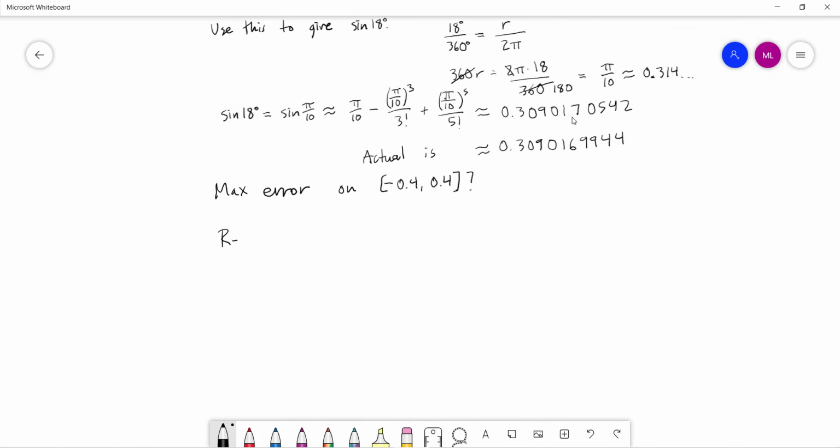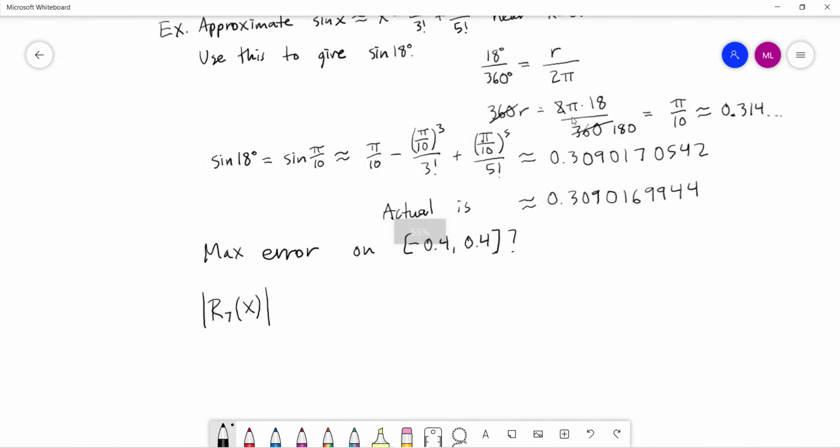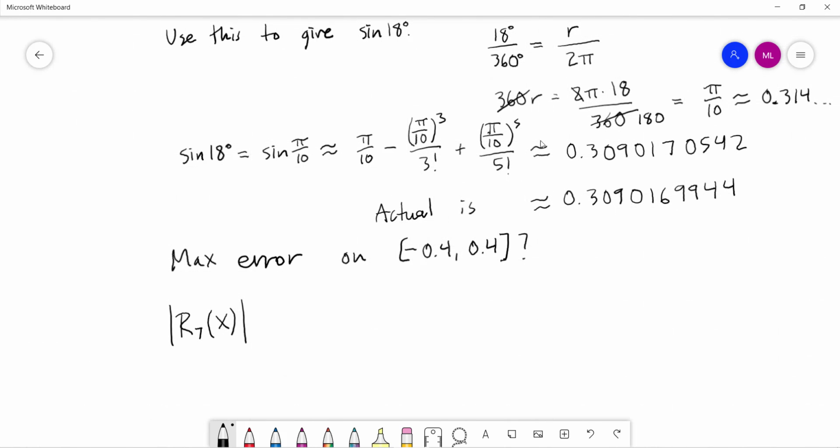You could think of it as R7 of x in this case. You'll notice that we only went up to the 5th power here. So you could call this R6, but there are only odd powers anyway. So we're actually going to be able to bound this with the 7th power term because there is going to be no 6th power term. So we can use 7 for our value here because we know that it only has odd values anyway. So our next derivative would be the 7th derivative term with the 7th power term showing up here.